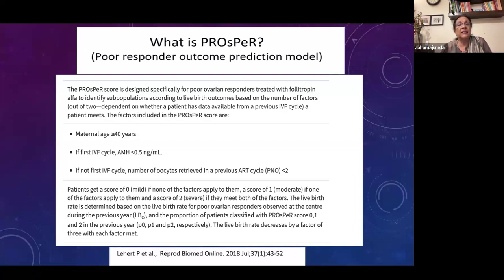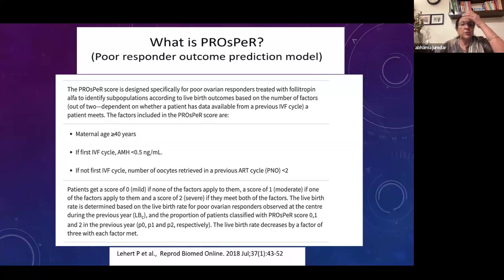All I want to say is that we are looking at poor responder women who come into this group due to age, or due to the number of oocytes retrieved, or the AMH, which is low.